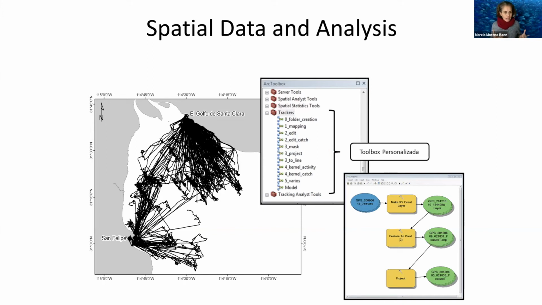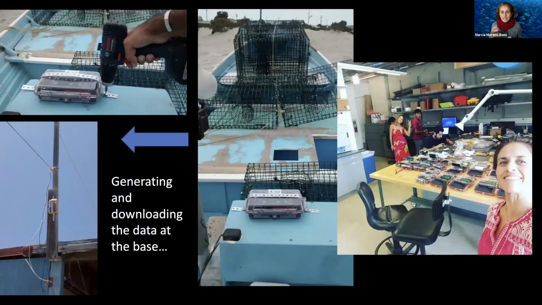Again, we were tracking fishing activity, but now we were using technology, and the spatial resolution that we were getting was pretty amazing. We were able now to see at a finer scale what was going on. This took us to a different level in terms of technology development.